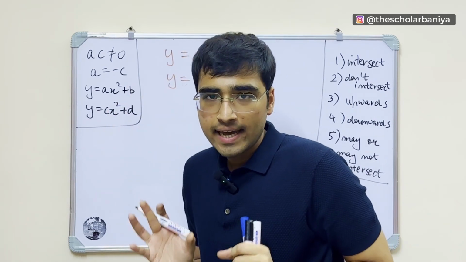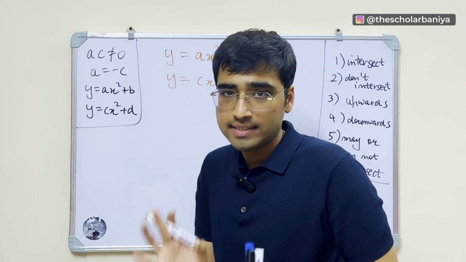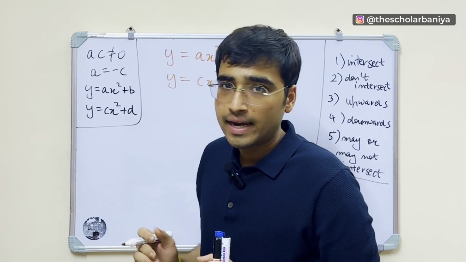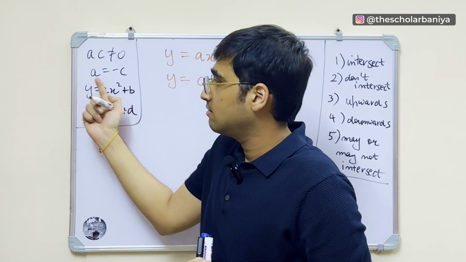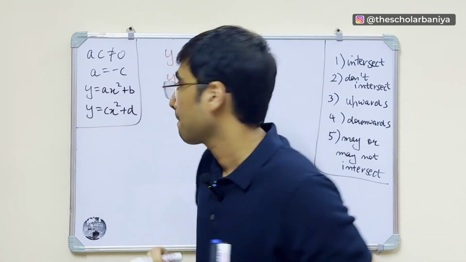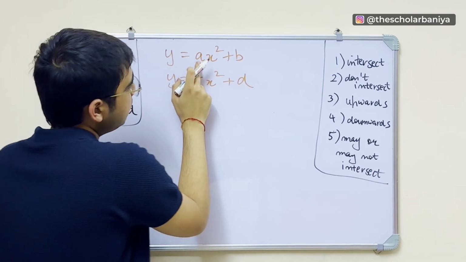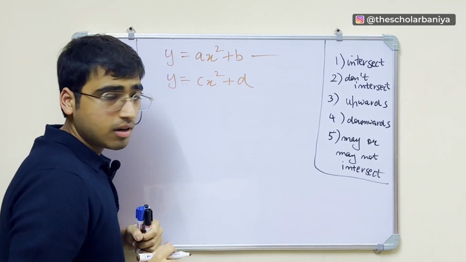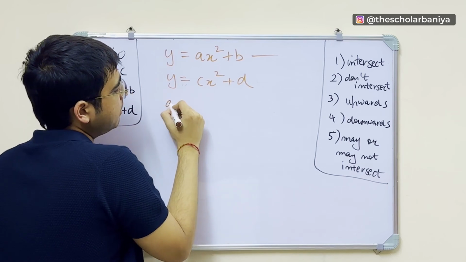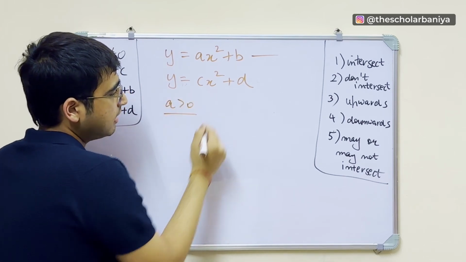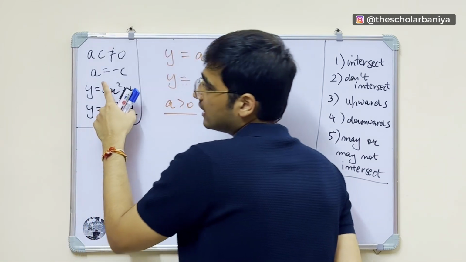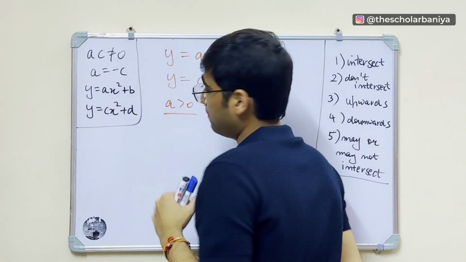So we don't really care if a is positive or negative, but what we want to understand is that if this is of some sign, then c will be of the opposite sign. Assume that a is positive, then c will be negative.